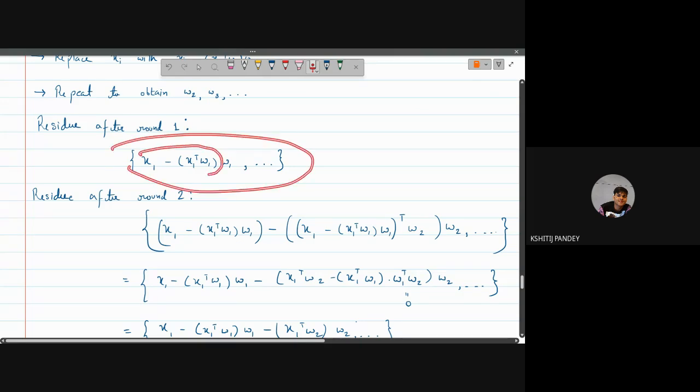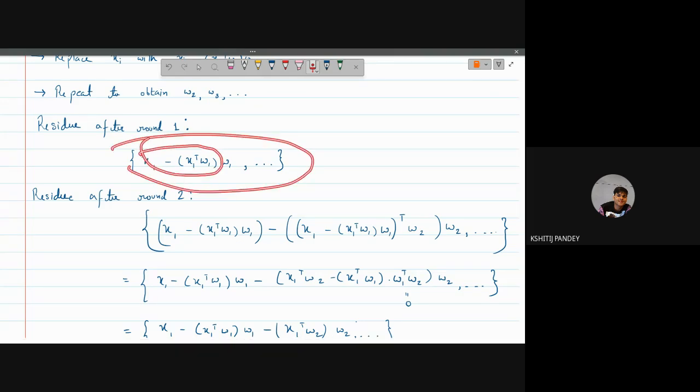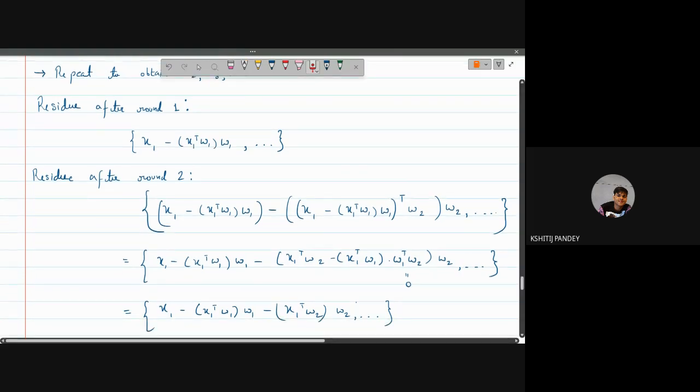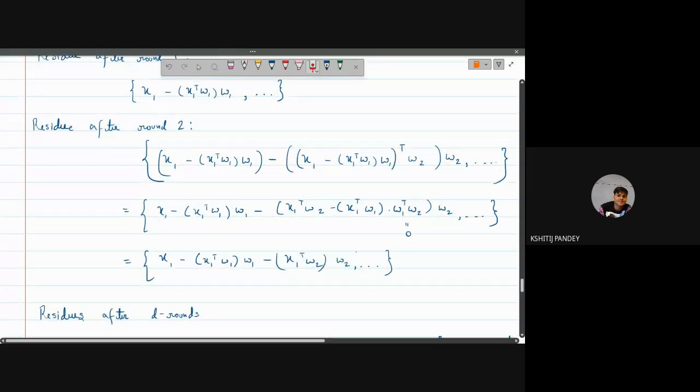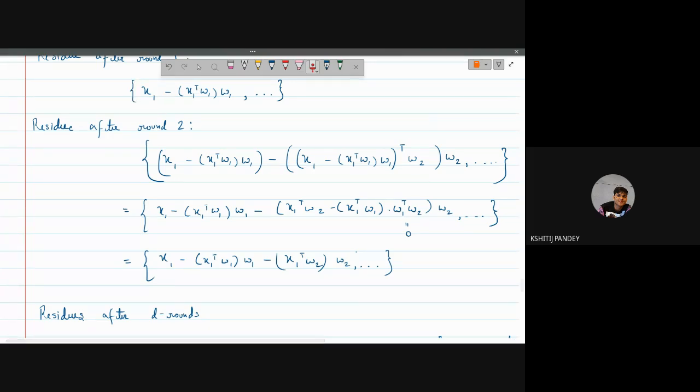Now we are working on these data points. This represents a data point, which is basically the error vector. So you find the best fit line for them now. After round 2, this is your new error vector. So basically there is nothing new. Treat this entire thing as vector x, then repeat the process.